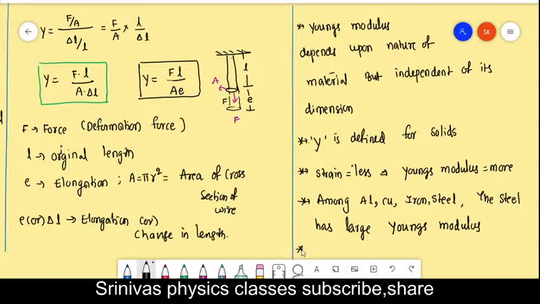Having more Young's modulus means it is more elastic. Its strain is less, because the Young's modulus formula is stress by strain.